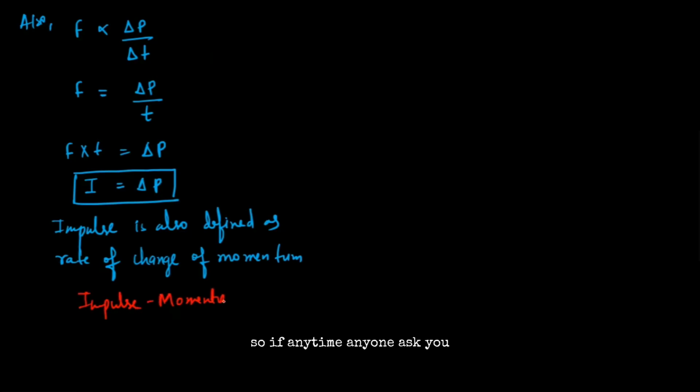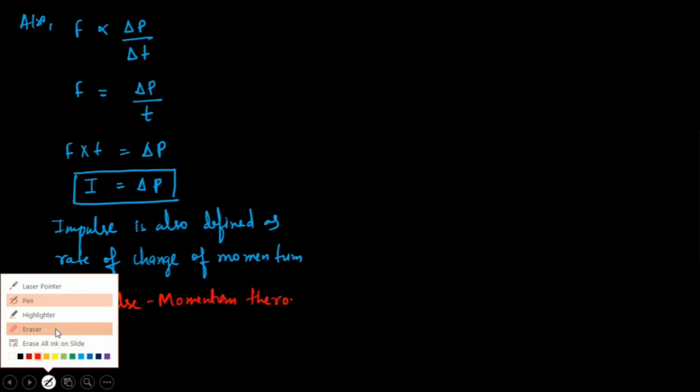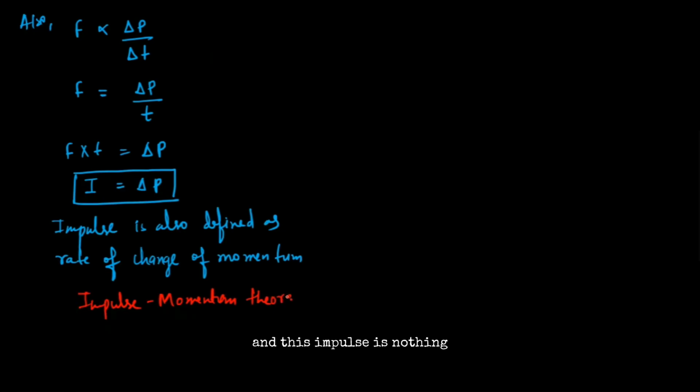If anyone asks you what the Impulse-Momentum Theorem is, you just need to explain that it is I equals delta P, where I is impulse and this impulse is nothing but change in momentum. So this equation is also a part of the Impulse-Momentum Theorem. That is what you have to understand.